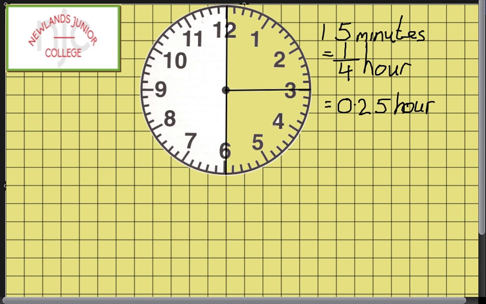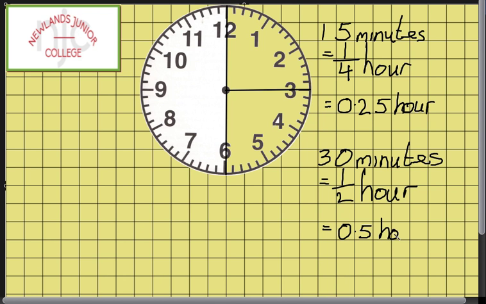So that allows us to say 30 minutes is equal to half an hour. And if we're turning it into a decimal, it's equal to 0.5 of an hour.